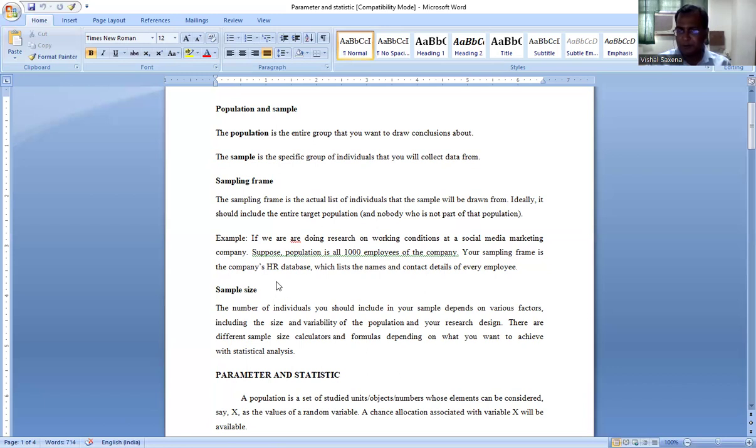Now, next are some more definitions before reaching parameter and statistic, because these are concepts related to population and sample. Therefore we are discussing population, sample, and the meaning of sampling frame and sample size. The sampling frame is the actual list of individuals that the sample will be drawn from.